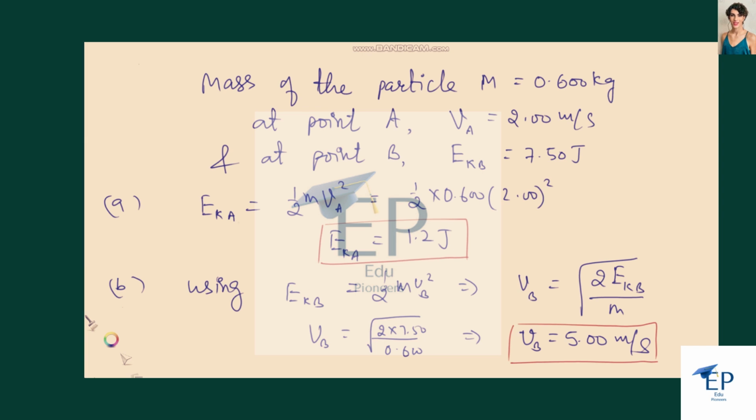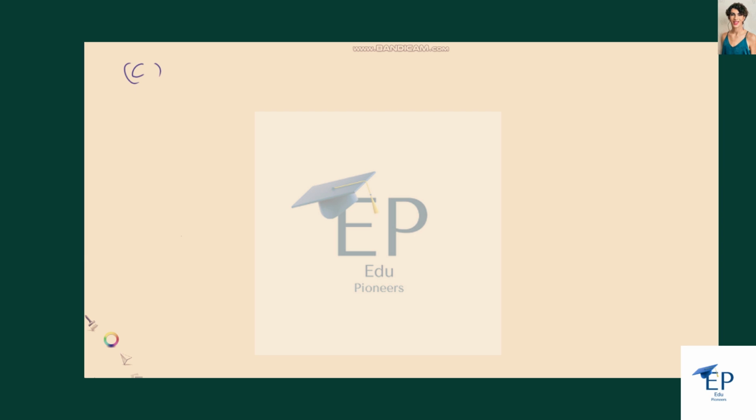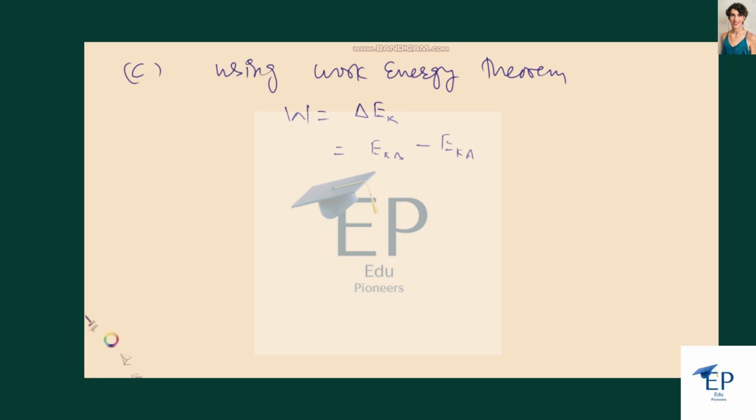Then in the third part of the problem, work done on the particle using the work energy theorem. Work done on the particle will be equal to the change in kinetic energy, which means it will be the difference of the final kinetic energy EKB and the initial kinetic energy EKA.